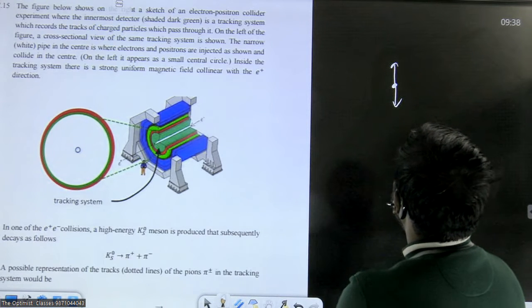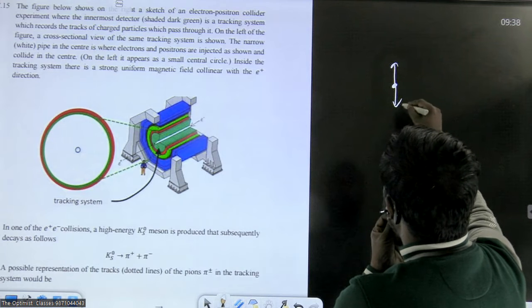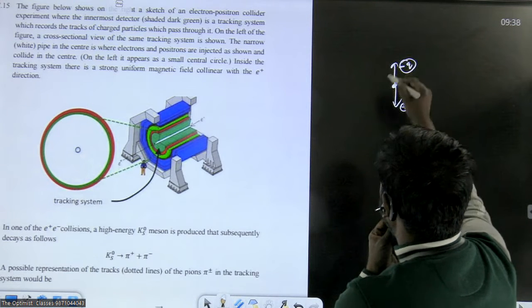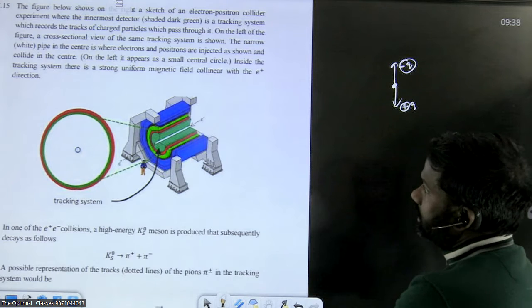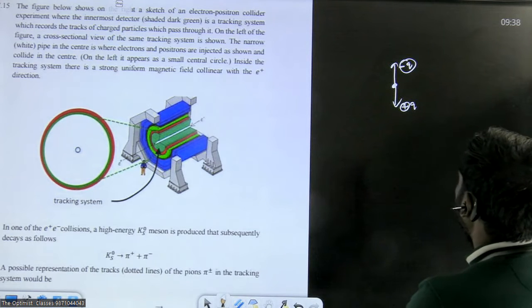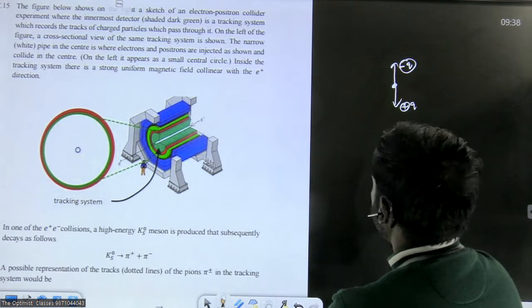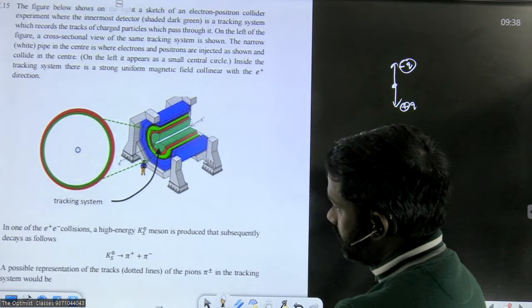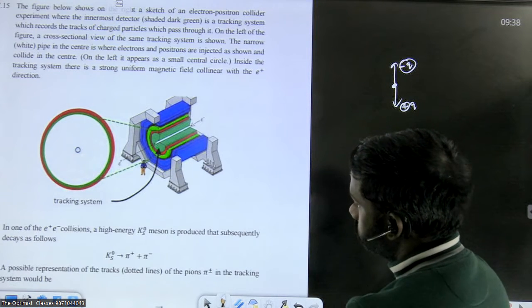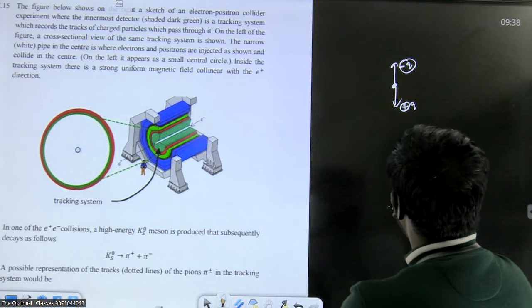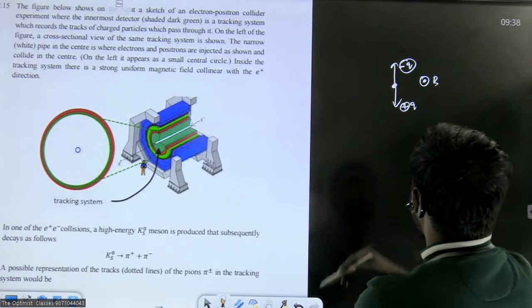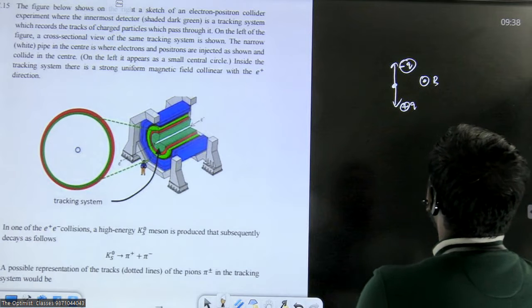If this is a positively charged particle and this is a negatively charged particle, they should travel in opposite directions to conserve momentum. Now suppose there is a magnetic field B here. Because of the magnetic field, they will deviate.